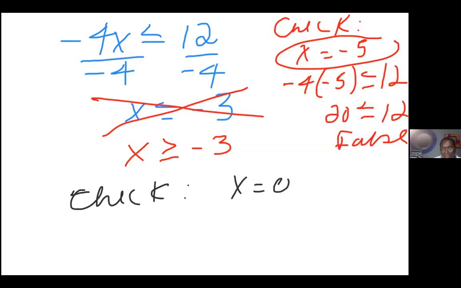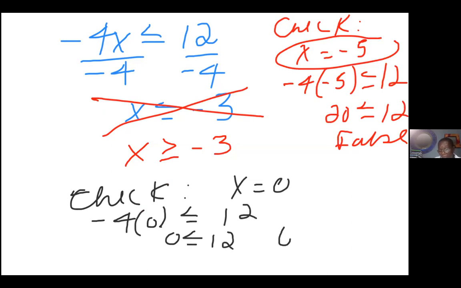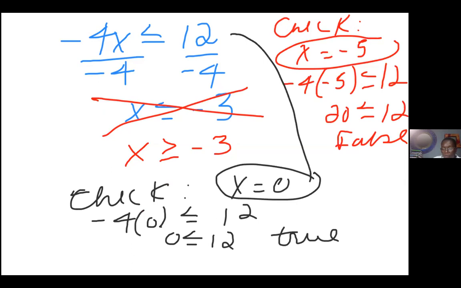I am going to go back to the original problem, plug in 0 for x, and then work it out. When I work it out, I get 0 is less than or equal to 12. Is 0 less than or equal to 12? Absolutely true. So essentially what just happened is that we selected a value greater than -3, and it makes the original problem true.